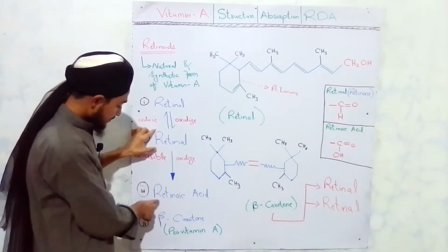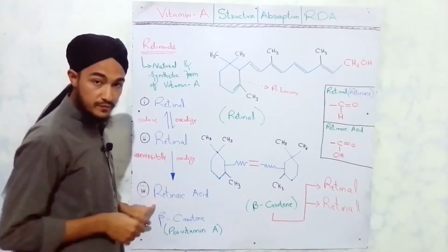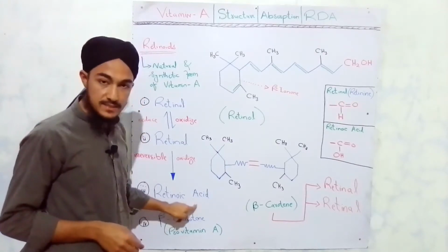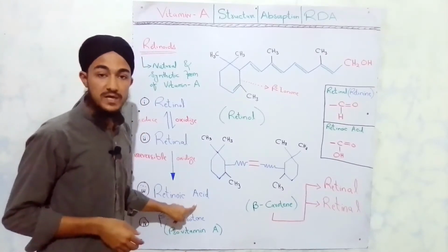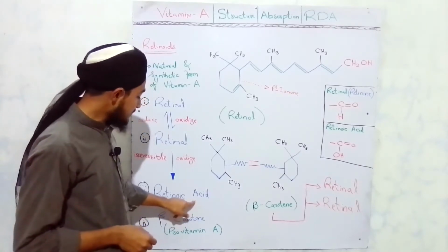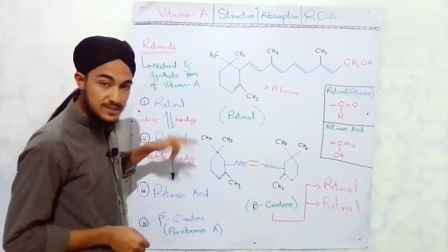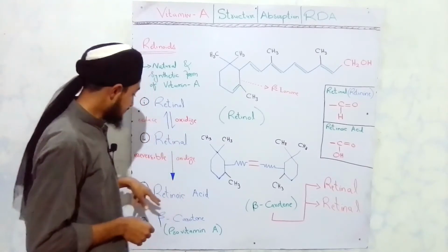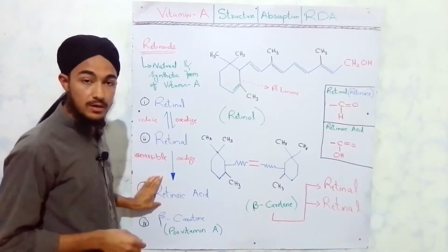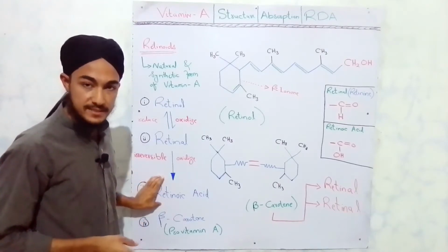Now we come to the third retinoid form of vitamin A, that is known as the retinoic acid. It is also known as vitamin A acid. This retinoic acid is formed when the retinal is oxidized, and here you should know this thing, that retinal and retinoic acid are not interconvertible.